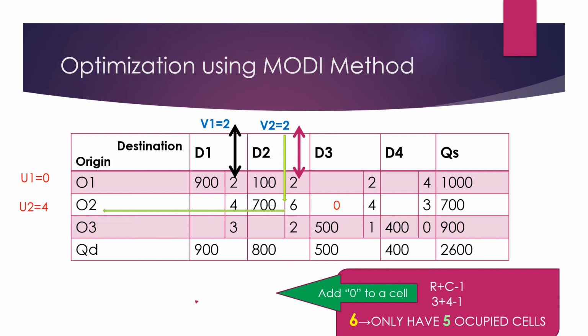Then we have the occupied O2 D3 cell. The O2 D3 cell has a value of 4. If the U2 value is 4, then the V3 value should be 0 to arrive at this value.